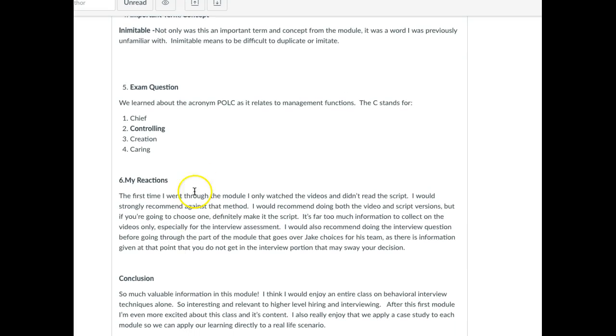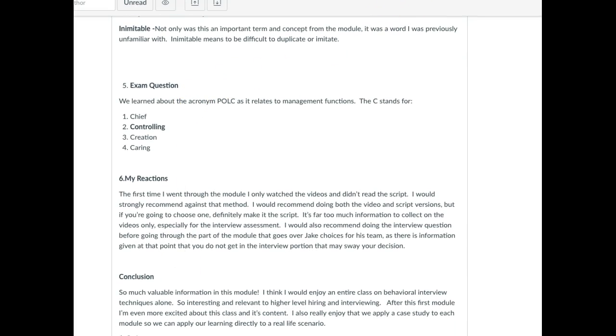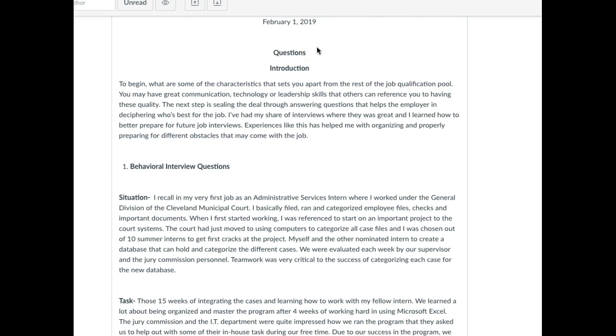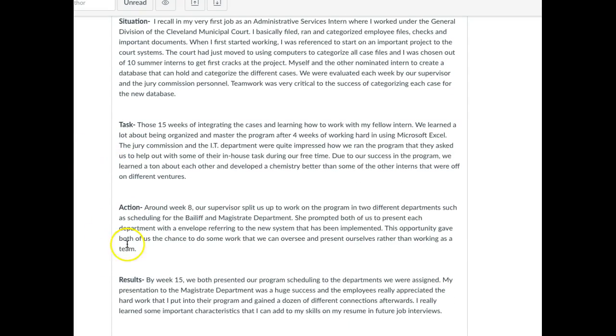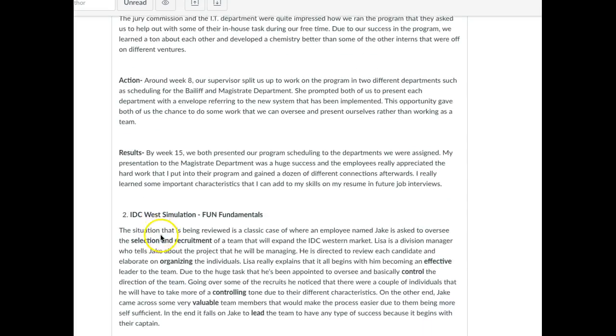So nice job, Travis. The next one would be Stephen from Group 3. Nice job, Stephen. Same thing, top matters, good. He's got an introduction. He starts right out with STARs clearly marked, so it's easy to follow what he's doing.